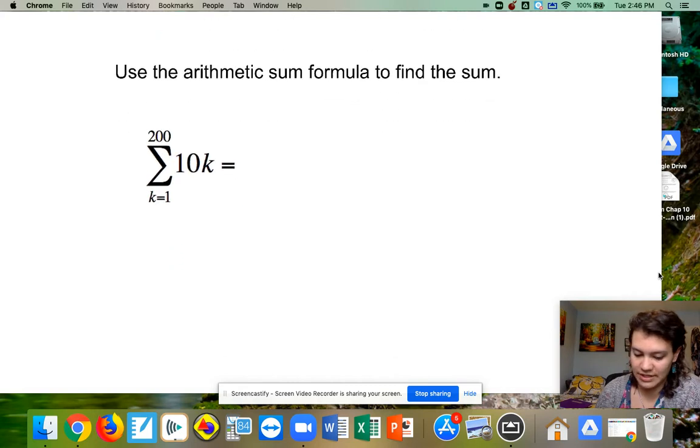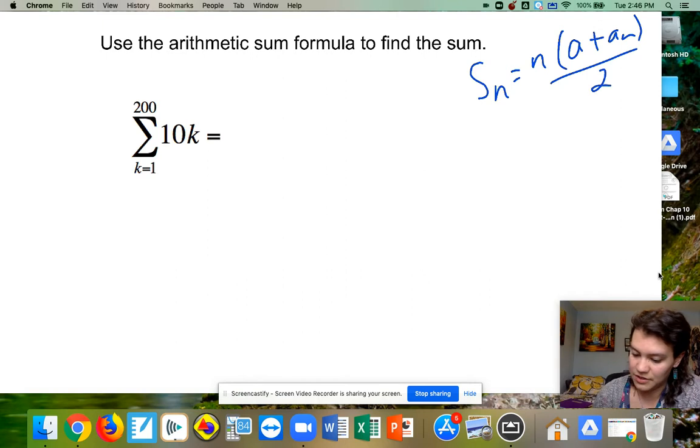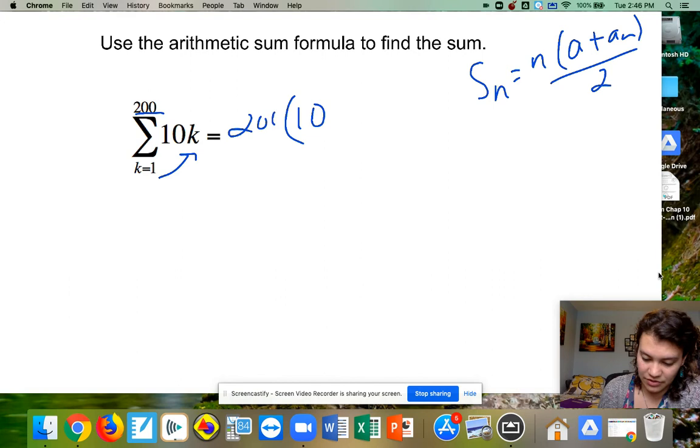So if we do an example here, I'll write the formula here. You're going to have number of terms times the first term plus the last term, all divided by 2. So first term, plug in 10. Your number of terms are going 1 to 200, so you have 200 terms.